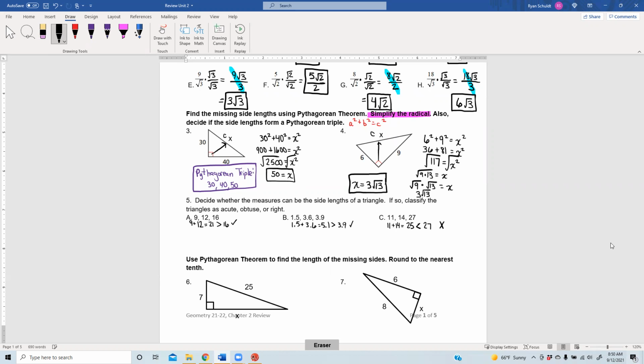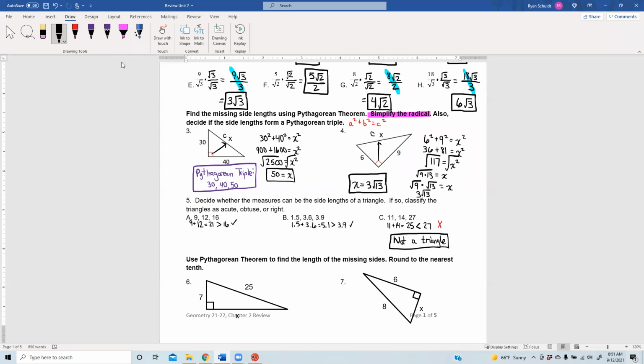No. So this one is not a triangle. Okay, so C is done because C is not a triangle.